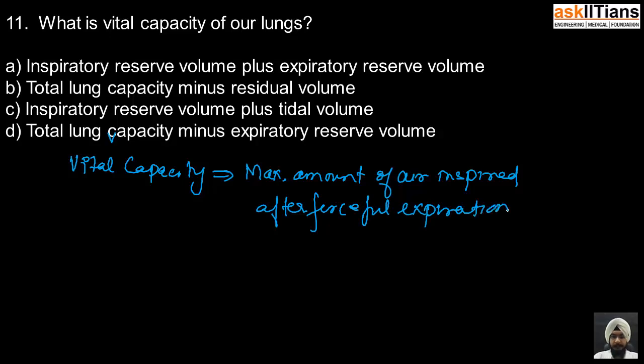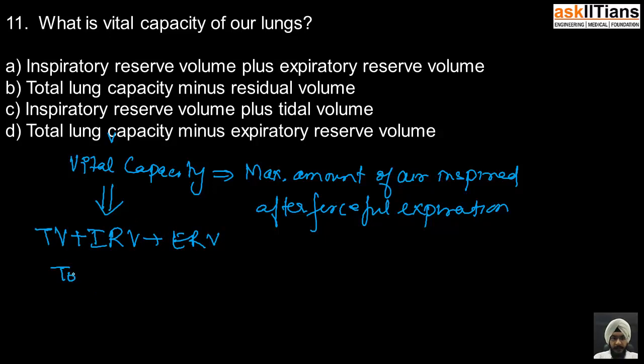Basically, how much maximum amount of air can be accommodated in the lungs after forceful expiration. This vital capacity is the sum of tidal volume plus inspiratory reserve volume and expiratory reserve volume.